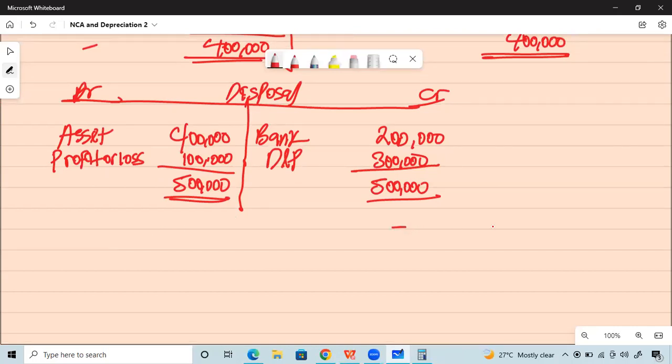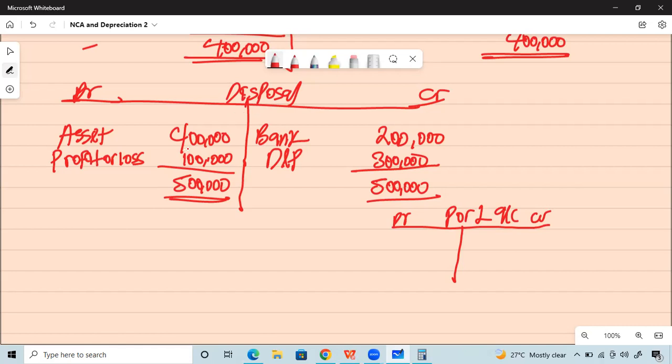If you are using T format, but we are not going to use T format. If someone informs you that they want you to credit P&L with 100,000, it means it is income. Can you remember? If I say credit P&L with 100,000, it means it is income.